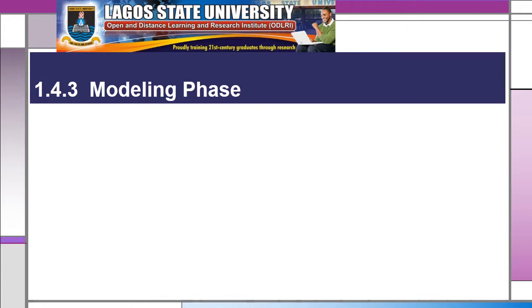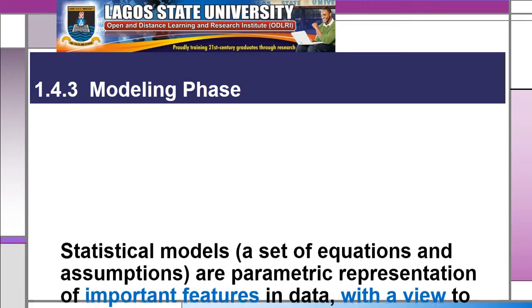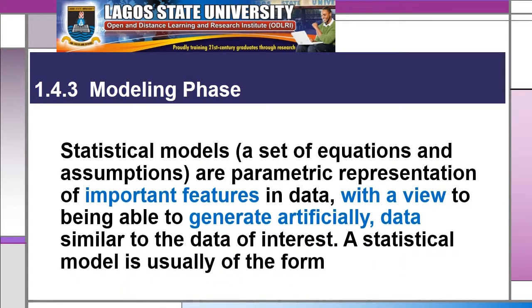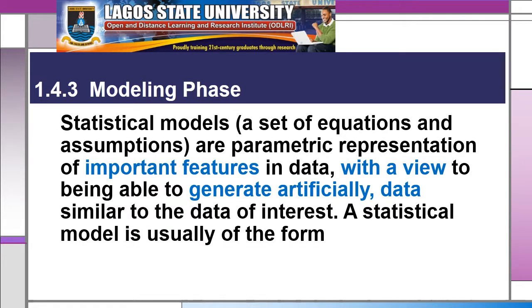The modeling phase is the phase where the data that is under study is to be generated artificially. Of course, we said earlier that these data are random, but in order to be able to generate random data, it will require that we look at the structure of the data as well as the components of the randomness in the data.